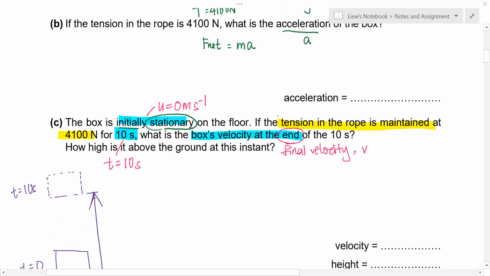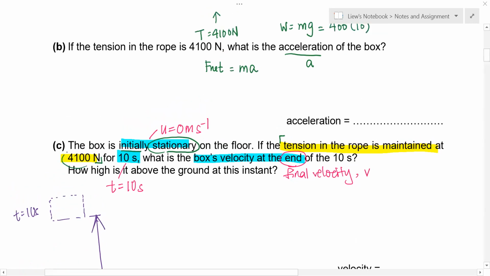So we think about what this statement is trying to tell us. If the tension in the rope is maintained at 4100 newtons, and we saw this 4100 newtons in part B, where we determined the acceleration, then if the tension in the rope is a constant 4100 newtons, the acceleration should also be constant.